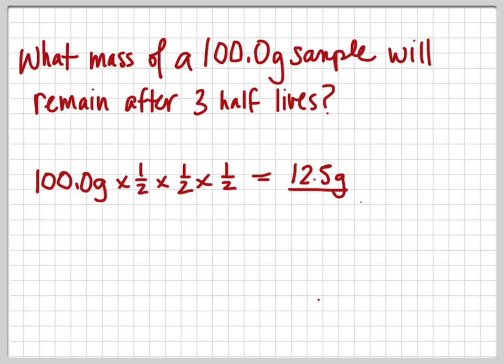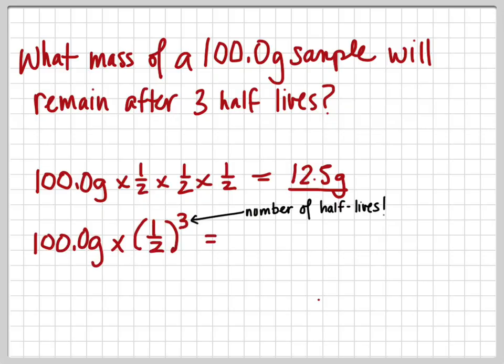Well, we take our starting mass, 100 grams, times 1/2, first half-life, times 1/2, second half-life, times 1/2, third half-life, we get 12.5 grams. Isn't that the same as saying 100 grams times 1/2 cubed? Yeah, and that cubed is the number of half-lives.